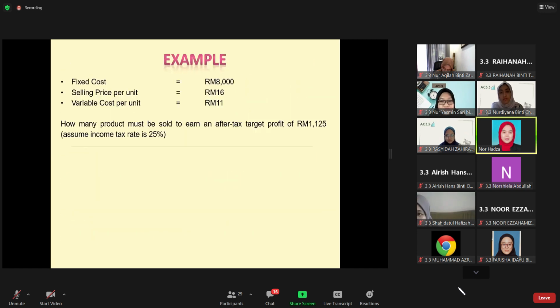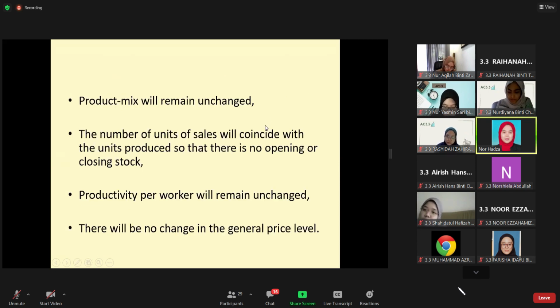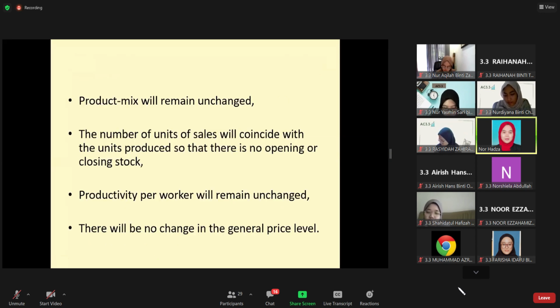In addition to the assumptions just now, there is another assumption: productivity per worker will remain unchanged.